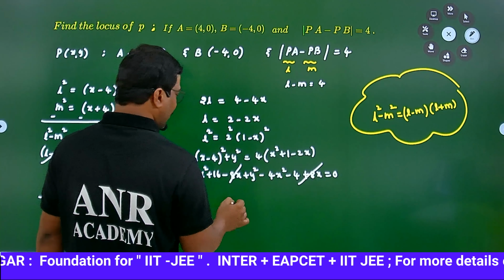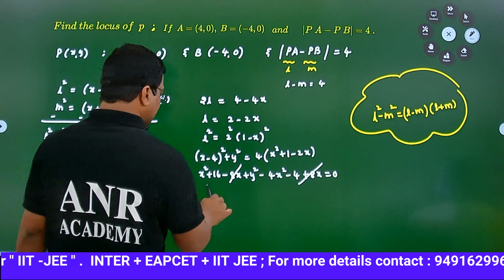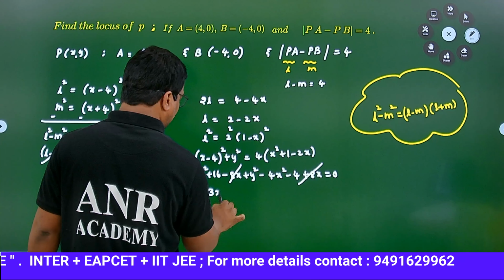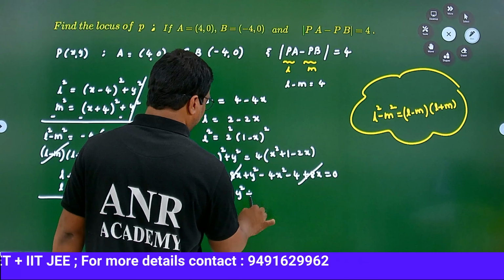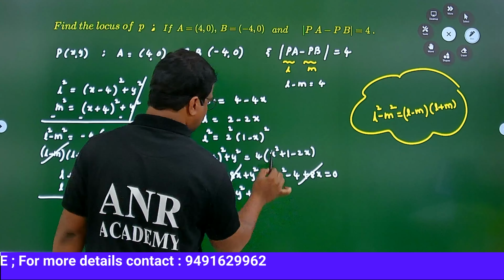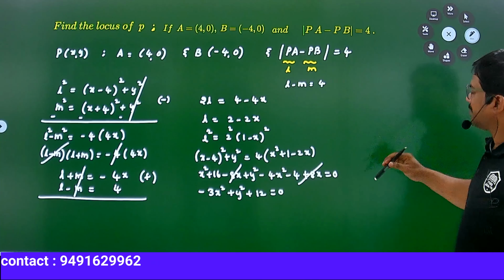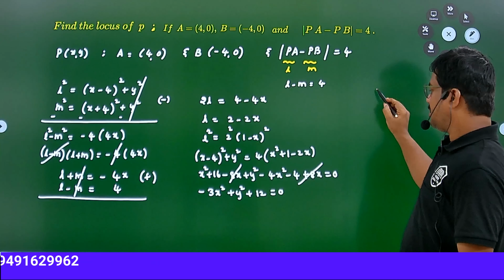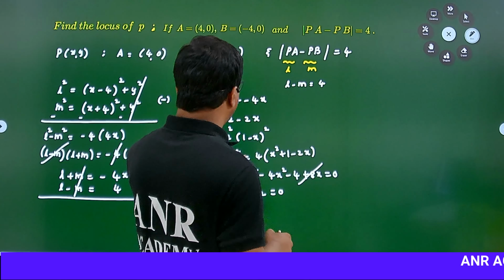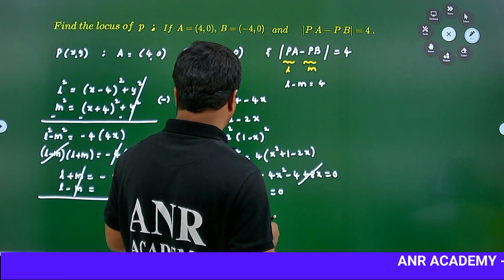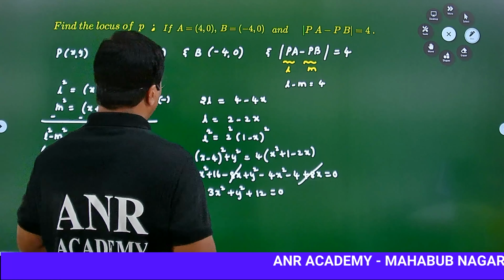x square minus 4x square, that is minus 3 times x square. Next y square plus 12 equal to 0, and you can rewrite this equation as minus 3x square plus y square plus 12 equal to 0.